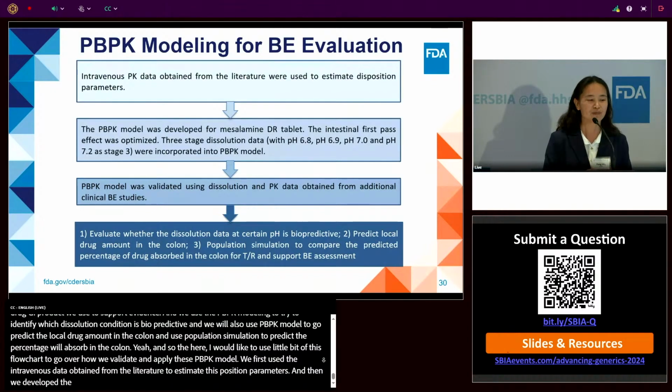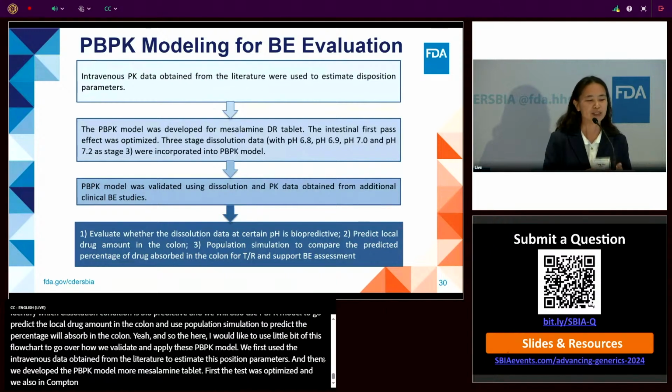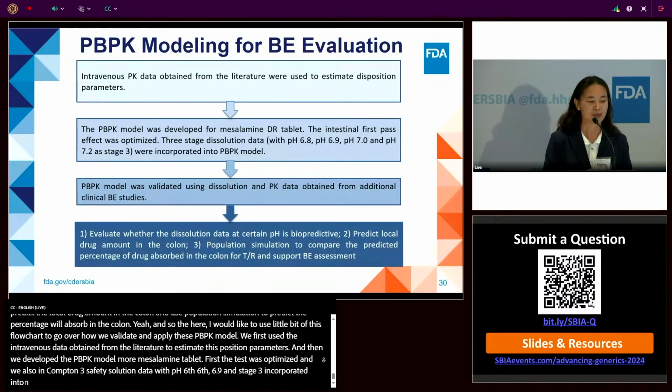The intestine first pass effect was optimized. And then we also incorporate three-stage dissolution data, with pH 6.8, 6.97, and 7.2 as stage 3, into the PBPK model and predict the systemic PK.